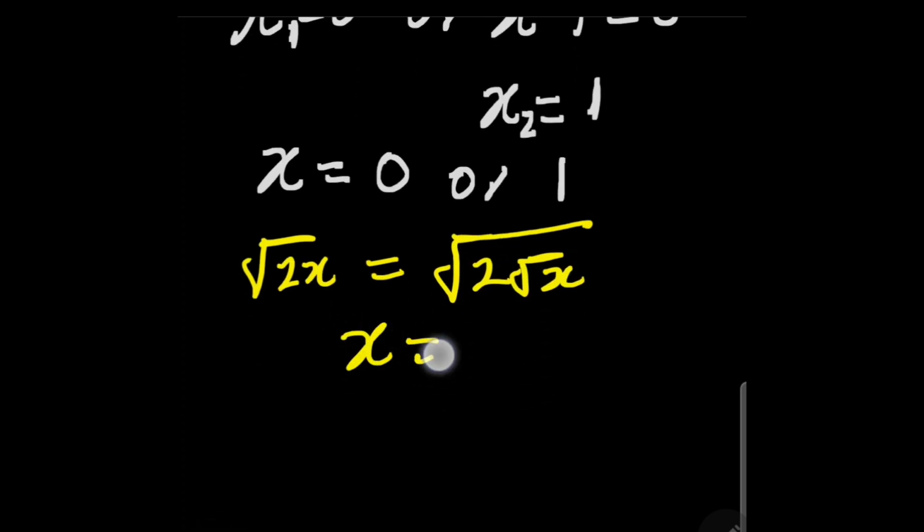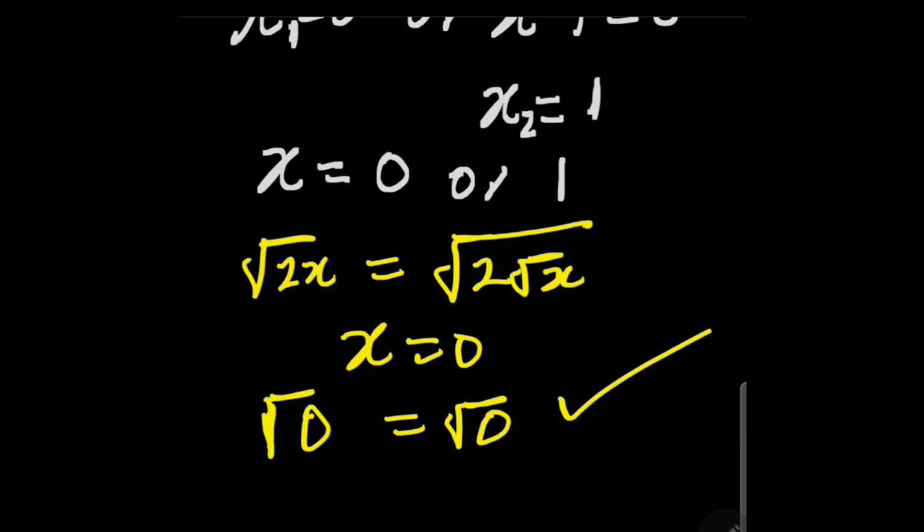Now at x equal to 0, when we plug in 0 to this original equation, this is going to be square root of, if you plug in 0 here in place of x, 2 multiplied by 0 is the same as 0, which is equal to, then here we have square root. If you plug in 0 here, square root of 0 is 0, 0 multiplied by 2 is the same as 0. So therefore, the first value satisfies the equation because the left hand side is the same as the right hand side after substitution.